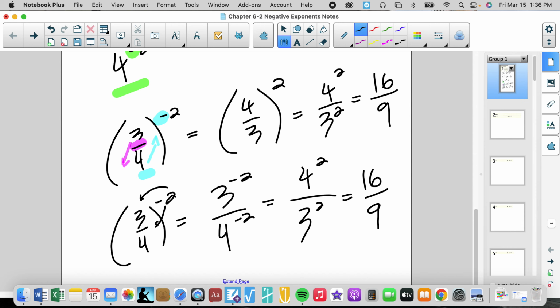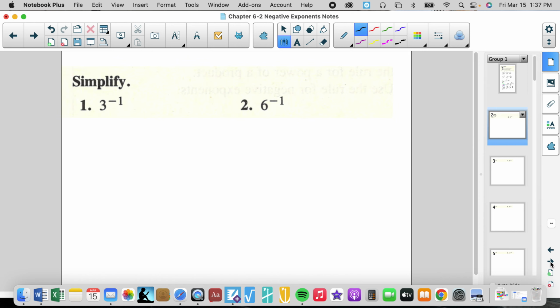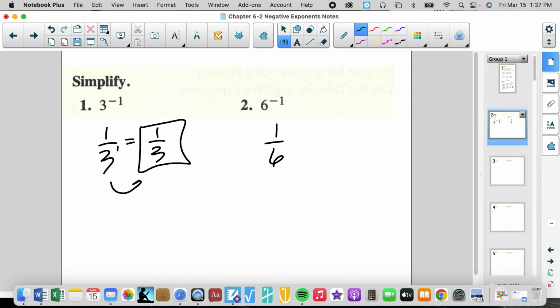The top one is getting rid of the negative exponent first. Either way is fine. So this becomes 1 over 3. This becomes 1 over 6. Or we can say 1 over 3 to the 1, which needs to be written. Always make sure that you do that, and you can do this, which equals 1 over 6. 6 to the first is equal to 6.